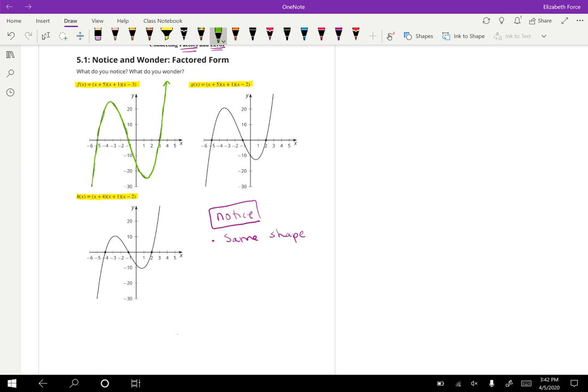And these are going on and on forever. So every one of these polynomials has the same shape. The other thing that I notice is that they each have one relative max and one relative min.